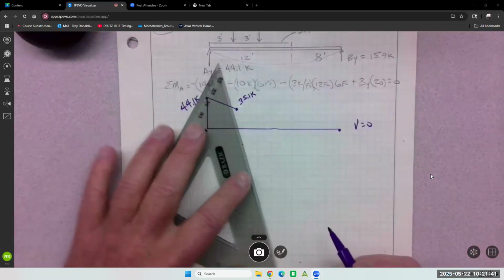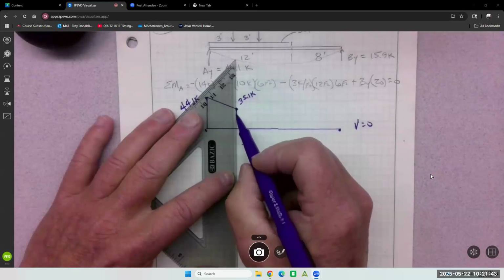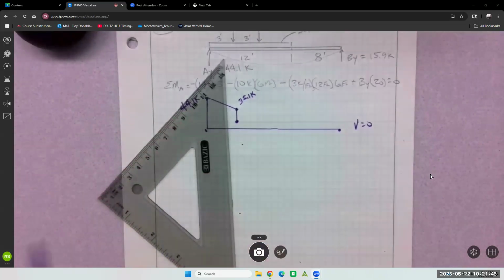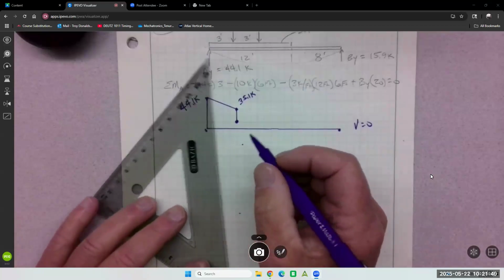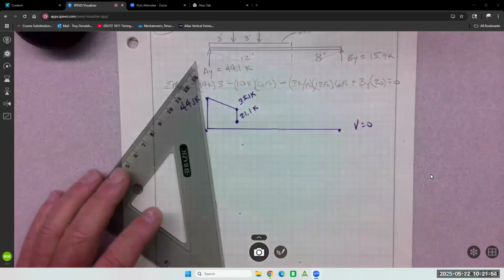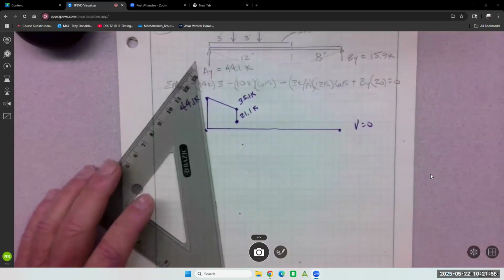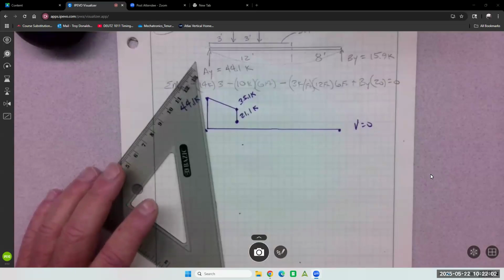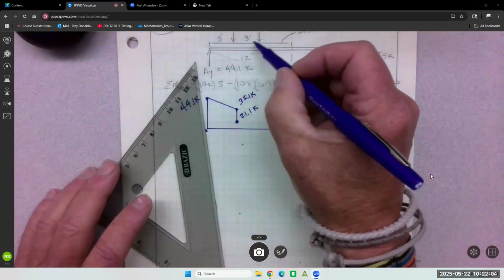Then it goes down 14. 21.1. Then it goes down another 9, 3 times 3.